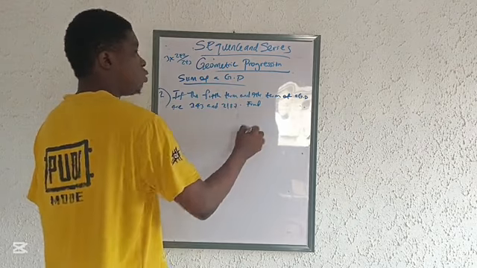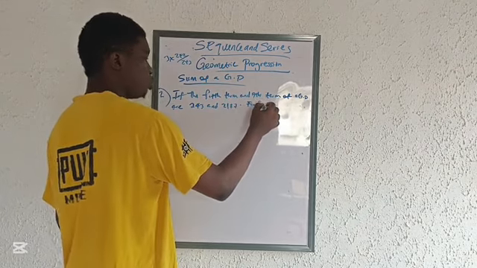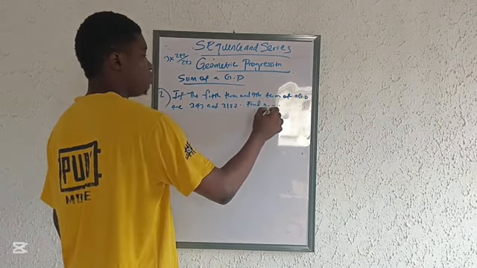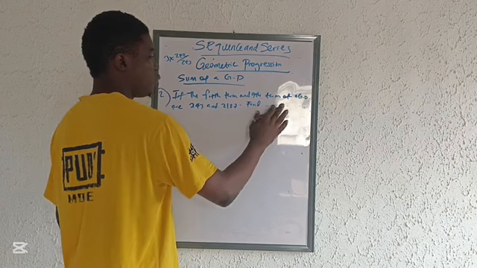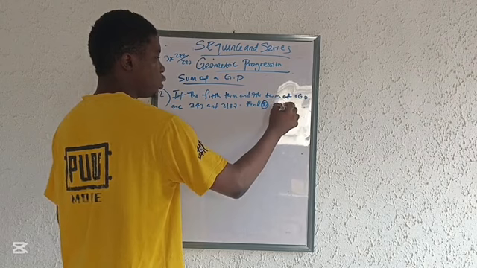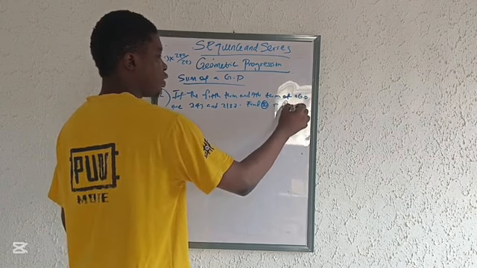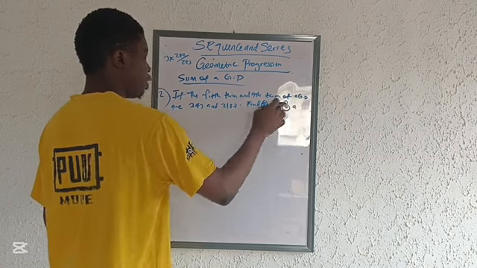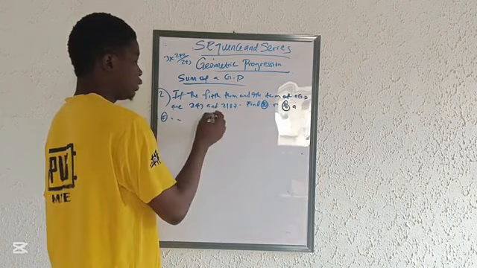Find A, the common ratio; B, the first term; and I think I wrote another thing for you to find.